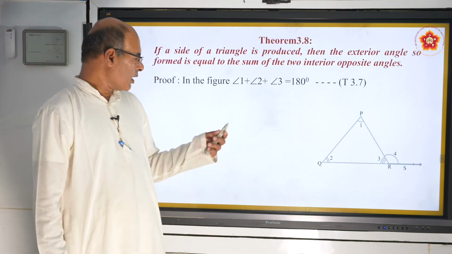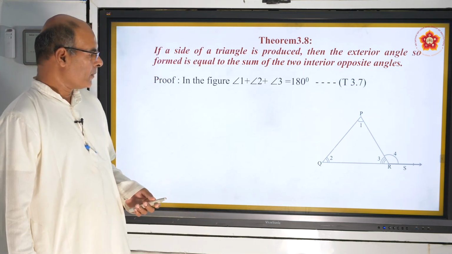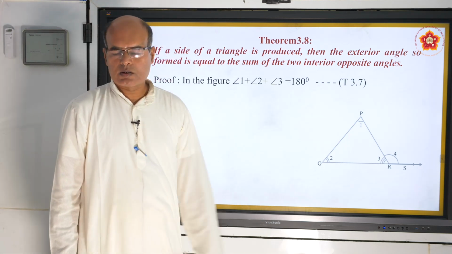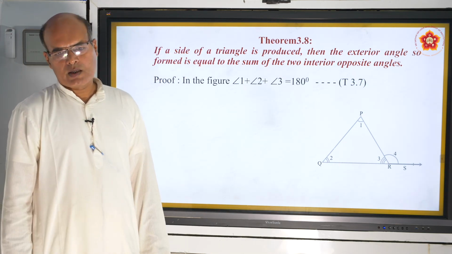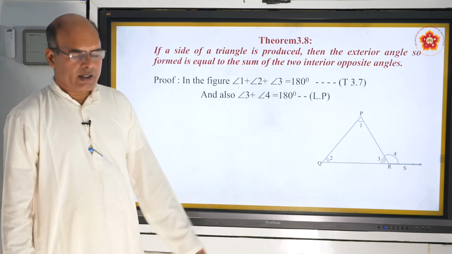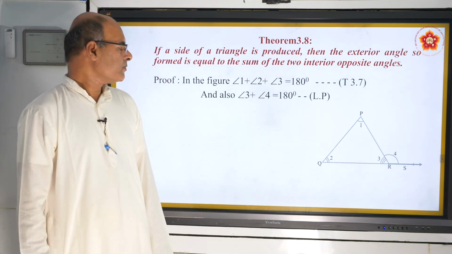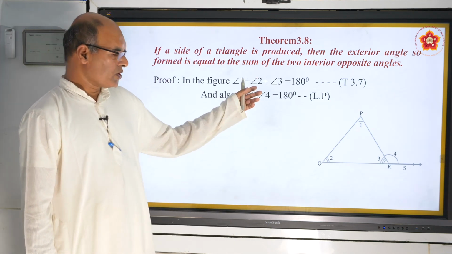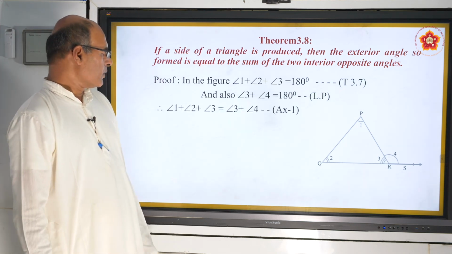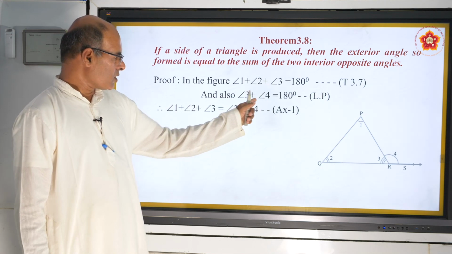So I am going to prove directly. In that figure, angle 1 plus 2 plus 3 is equal to 180 degree because of theorem 3.7, and also angle 3 plus 4 is equal to 180 degree. They are linear pair angles. So on comparing these two equations, we can apply the axiom number 1. Sum of these 3 is equal to sum of these 2.